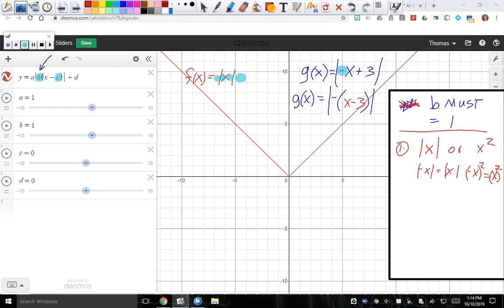Okay? So I'm showing you right now when you use what I'm about to list out for you, the order. It's all about the order of the transformations, because order matters. If it's absolute value or x squared, you will do the x's first, and you're going to do left to right.